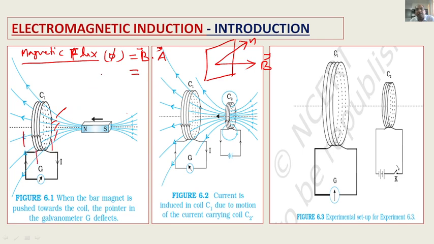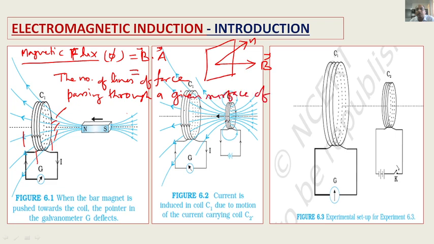So magnetic flux can be defined as the number of lines of force passing through a given surface of area A. The number of lines of force passing through a given surface of area A is called magnetic flux.